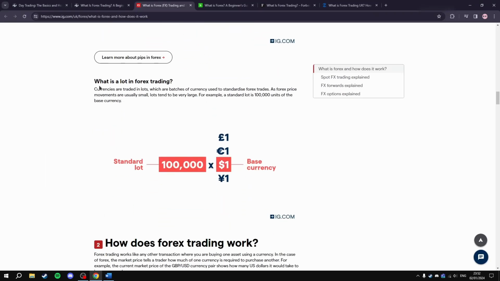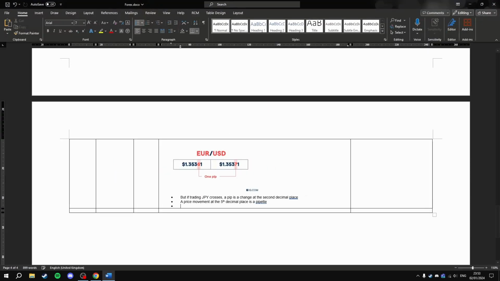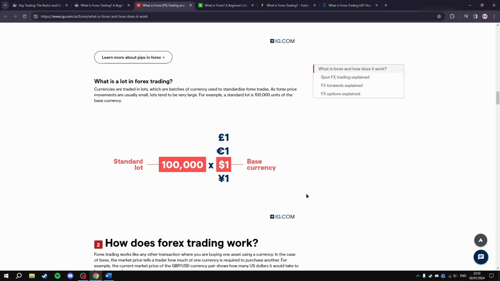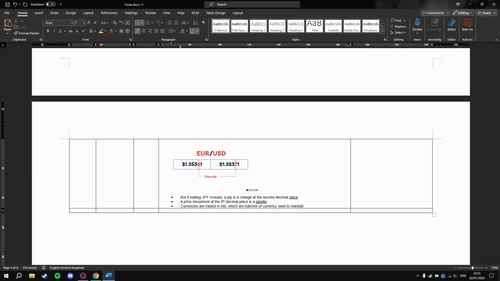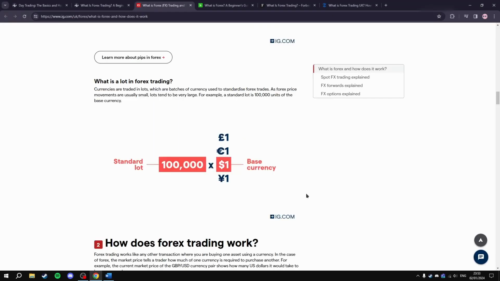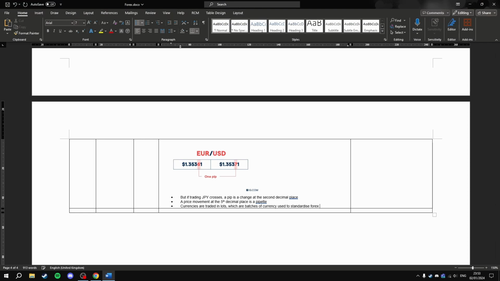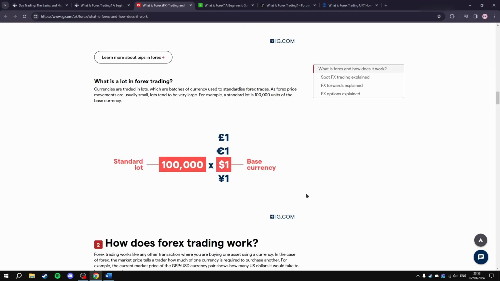What is a lot in forex trading? Currencies are traded in lots, which are batches of currency used to standardize forex trades.